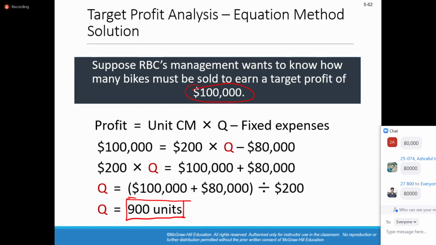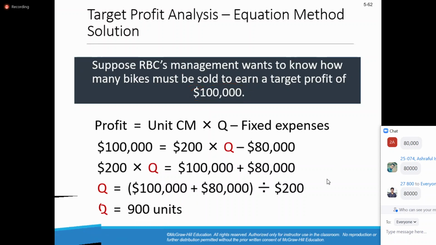Obviously there are some assumptions, and if I change this number, this number will change. If the fixed expenses are not this amount, or the contribution margin is greater, you need to think about which components have changed.